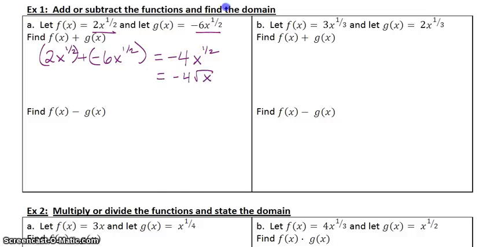We are also supposed to right now find the domain. So we just added or subtracted the function. Here's our answer, either one of these, and now we're going to find the domain. So that just means the possible values we could use for x. So we just have to think about this a little bit.